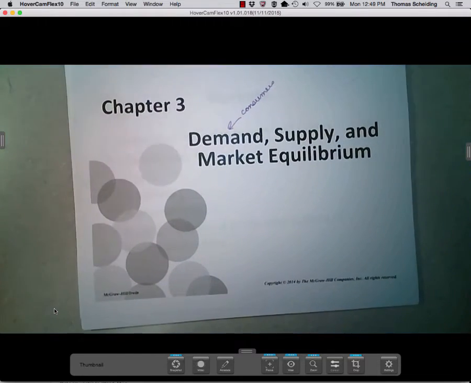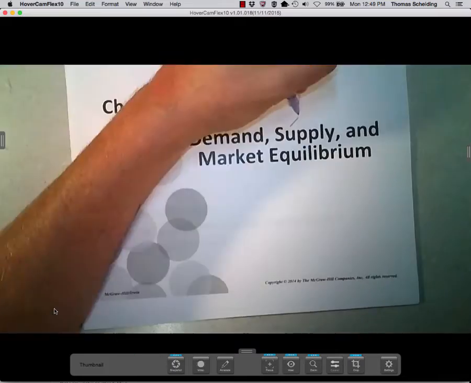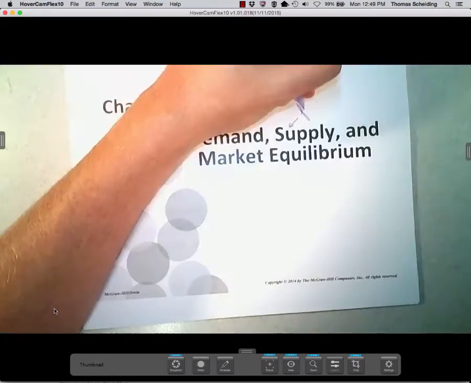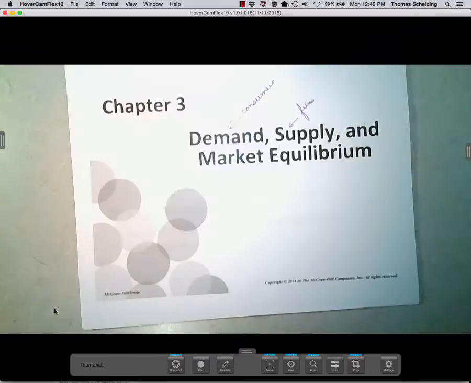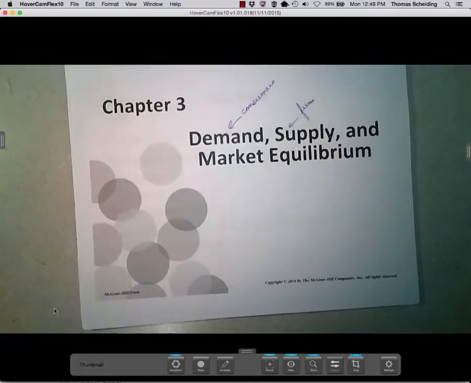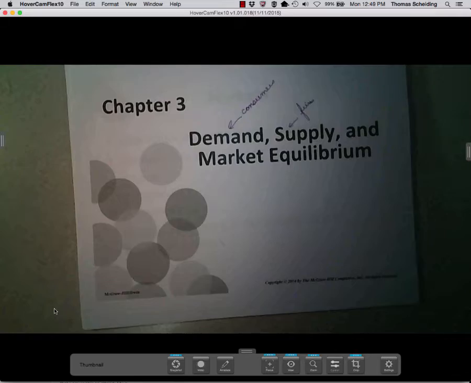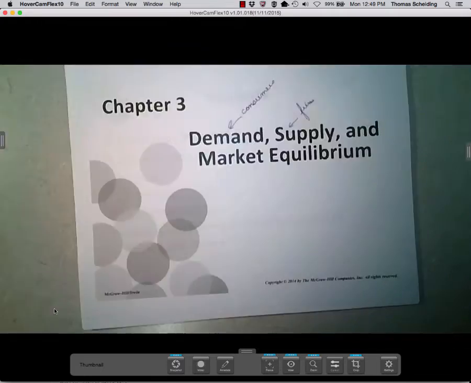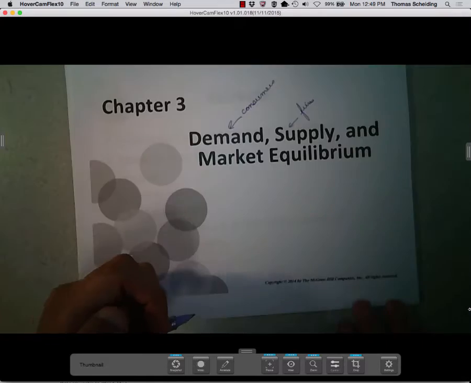Let me turn this light on here, might make it a little easier. And for the supply, here we're talking about the firm and how the firm exists. And what we look at in the equilibrium is how those two come together.